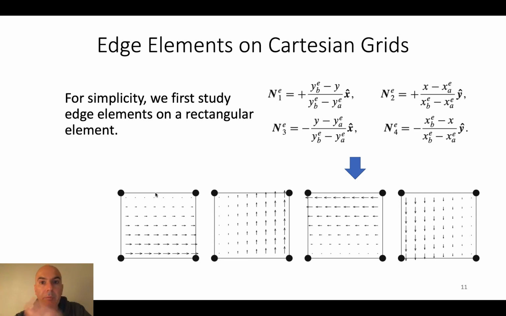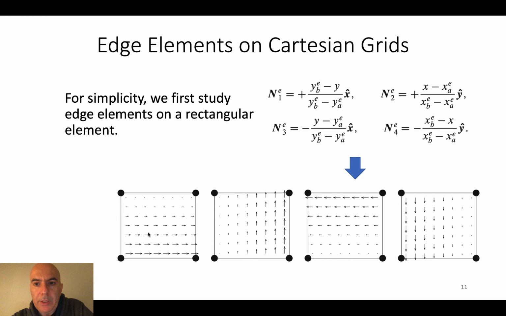So in this case, we have 4 edges, so we're going to have 4 basis functions: 2 in the x direction and 2 basis functions in the y direction. So let's look at the first basis function associated to the first edge here. This interpolation function is along the x direction, and the variation is in the y direction.